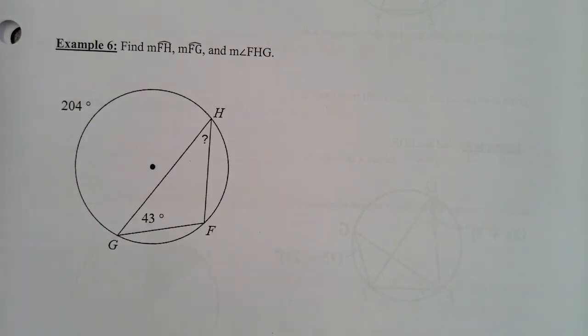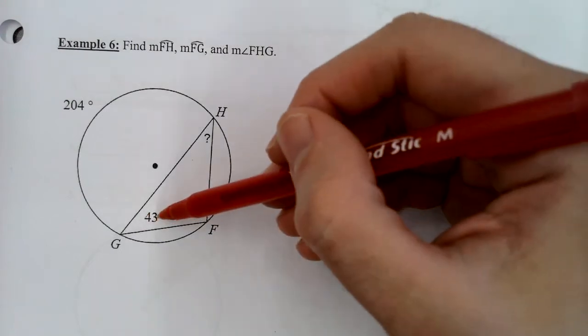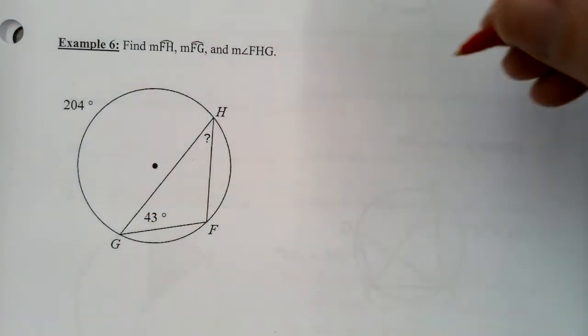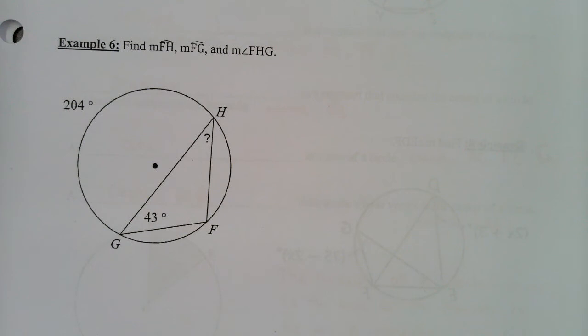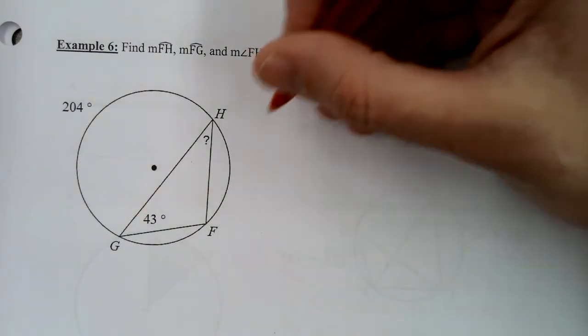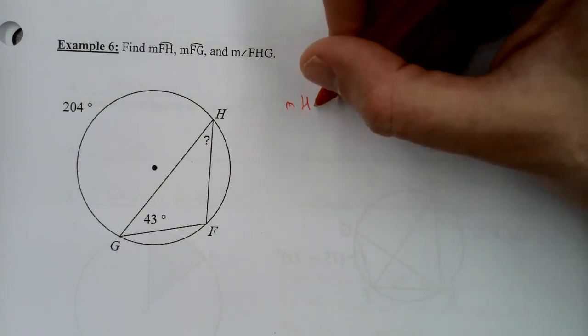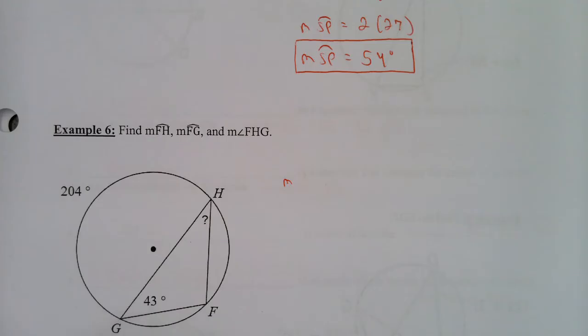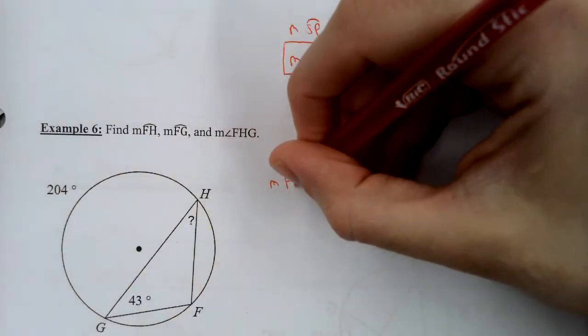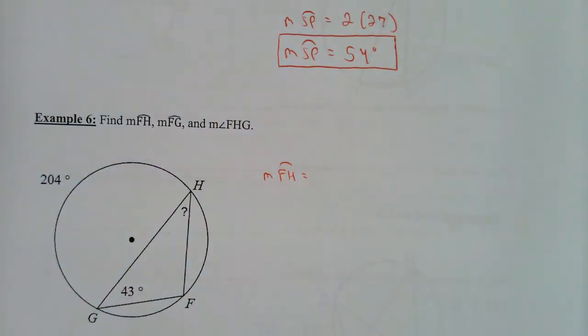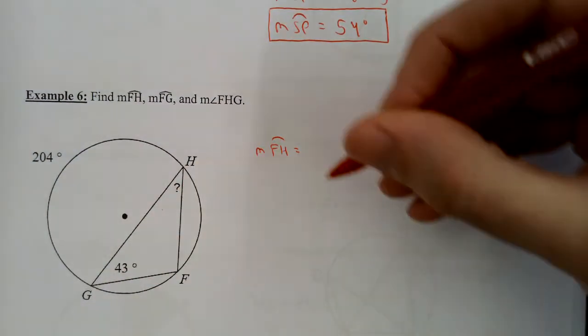All right, so first what I'm going to do is get the measure of arc HF. HF equals 2 times the inscribed angle. So 2 times 43 is 86. It says FH. Let me redo that. Okay, so measure of arc FH equals 2 times its inscribed angle.